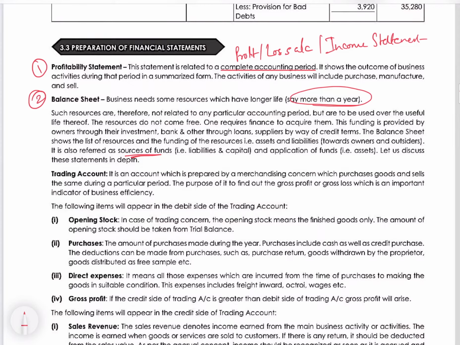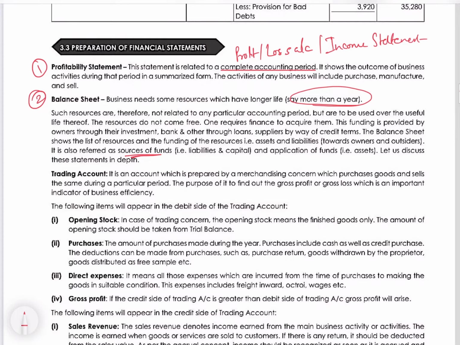That position you can understand from the balance sheet. So we will be preparing these two under financial statements.